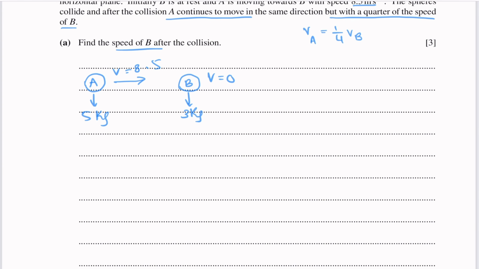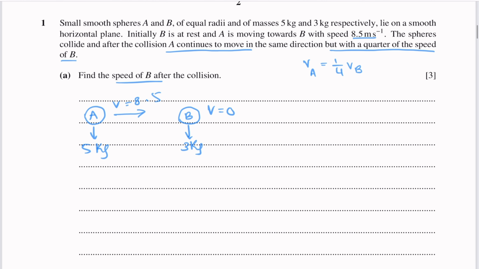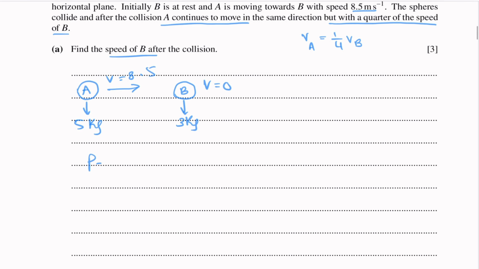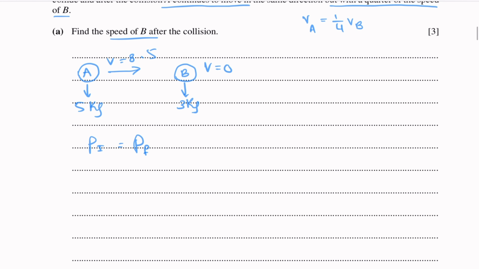Well, we know here to use momentum because during collisions momentum is conserved, and so momentum initial equals momentum final. Momentum is mass times velocity, and initially only A was moving, so there was only A's momentum. So mass times velocity of A initial plus mass times velocity of B initial equals the mass times velocity of A final plus the mass times velocity of B final.